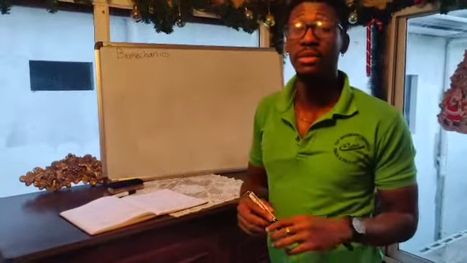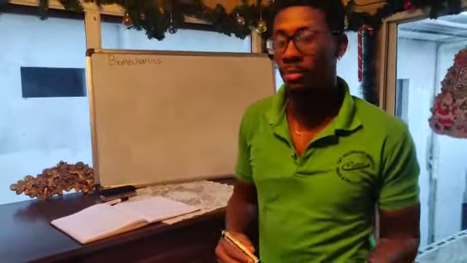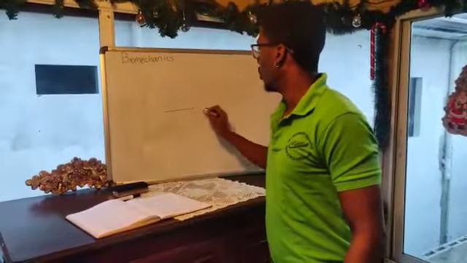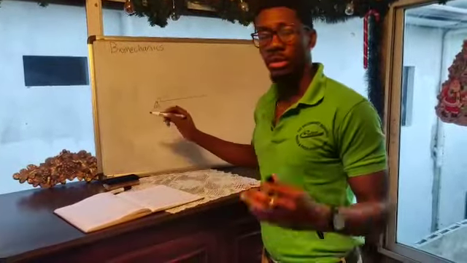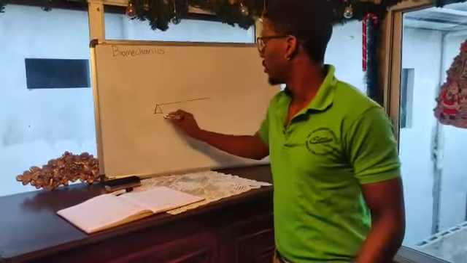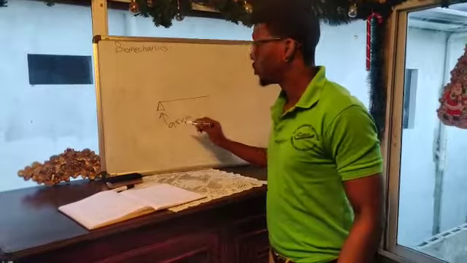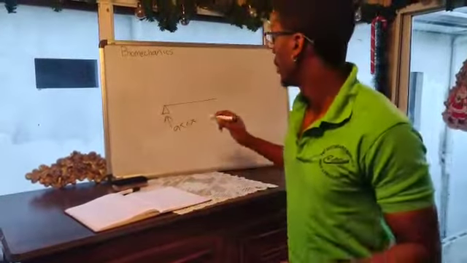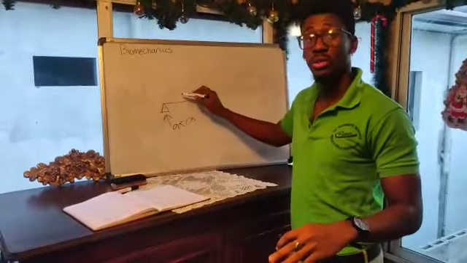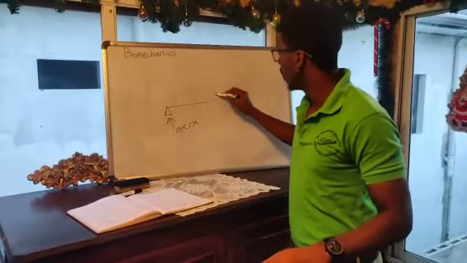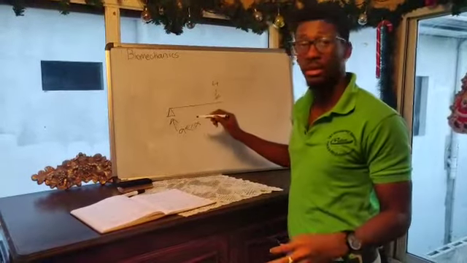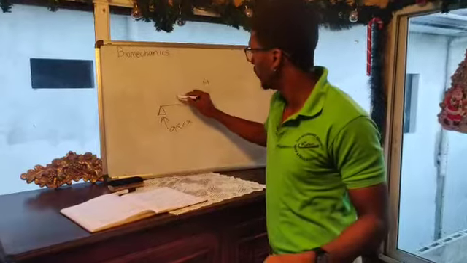Lastly, we have the third class lever, which is like a forceps, right? Now, with the forceps, everything is reversed. So, whereas the first time we had the load being closer to the fulcrum, we now have it at the outside. And the effort is now closer to the fulcrum.